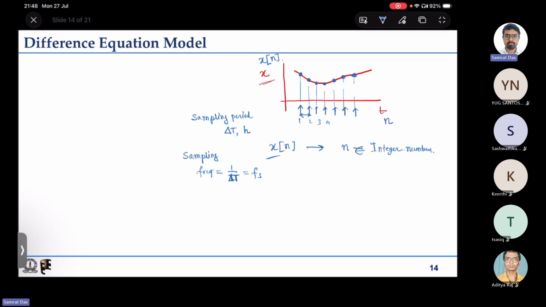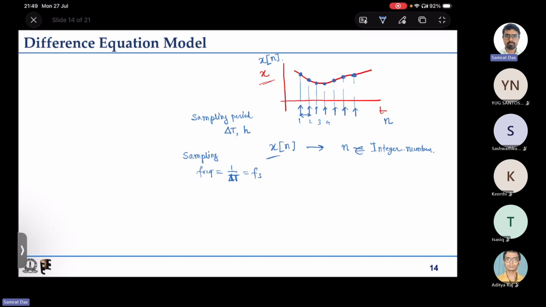These are the important terms, the basic terminologies for the difference equation model, like sampling period, sampling frequency, etc.